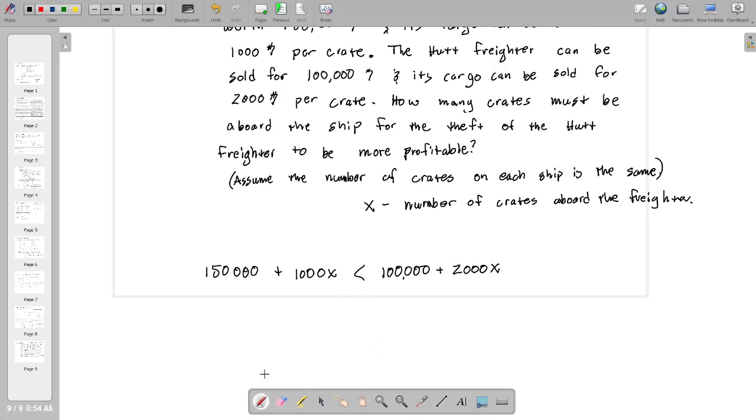Now let's look for X. Solving for X, we subtract the 100,000. Subtract 100,000 from each side, and we have 50,000 left over here, plus 1,000X is less than 2,000X. Now I want to get all my X's on the same side, so I'm going to subtract my 1,000X over.